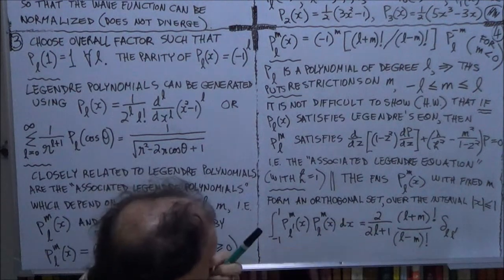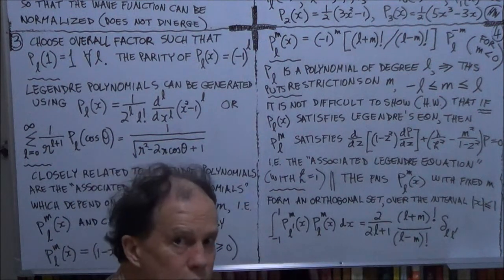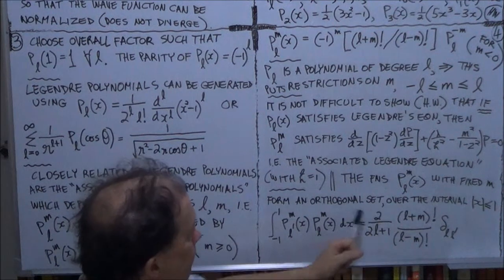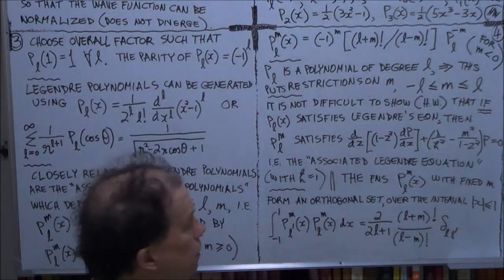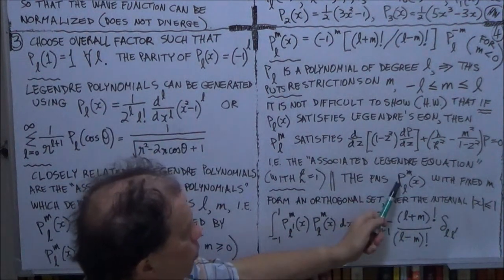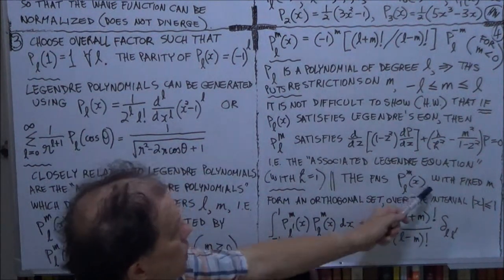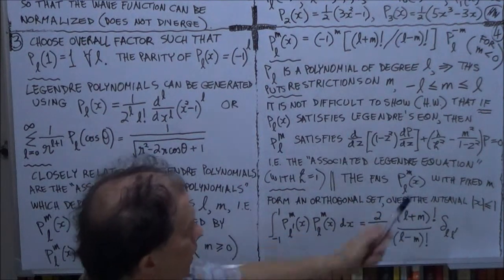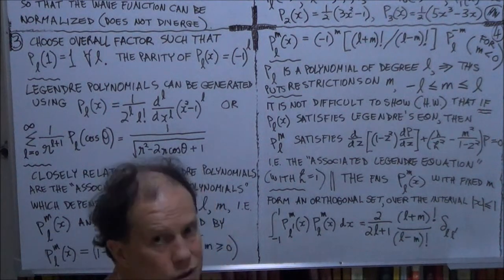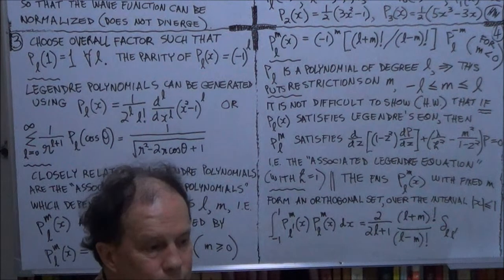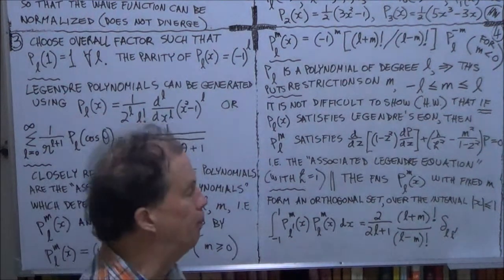Okay. Now these associated Legendre polynomials, they actually form an orthogonal set, and you can normalize them as well, and hence by multiplying by a certain normalization factor, some constant, you can generate from these associated Legendre polynomials an orthonormal set, right, which you can use as a basis for some wave function, if you like, connected with angular momentum, right?